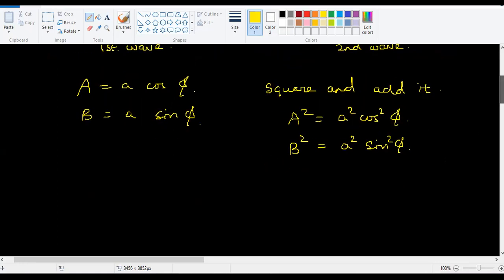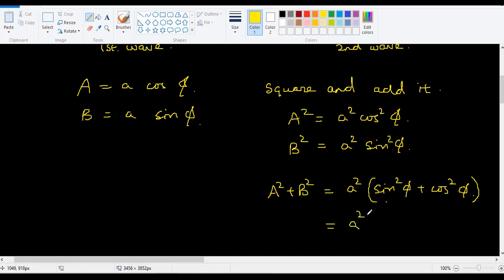If I add these, I get A squared plus B squared is equal to A squared times (sine squared phi plus cos squared phi). This becomes 1, so what is left is A squared plus B squared.